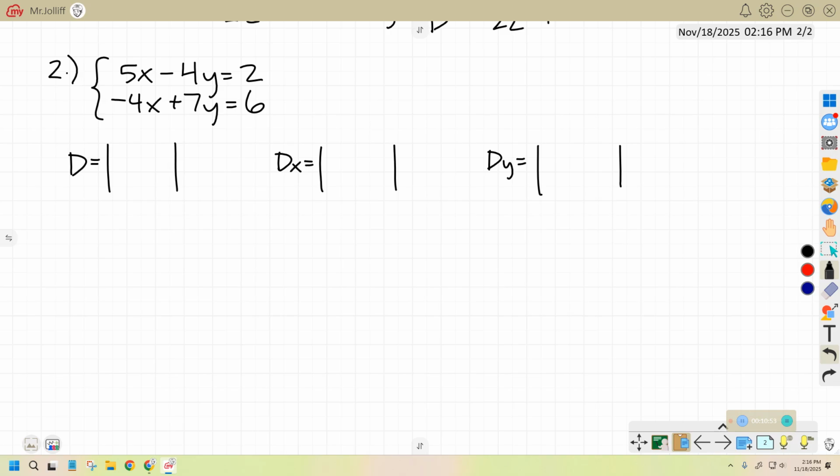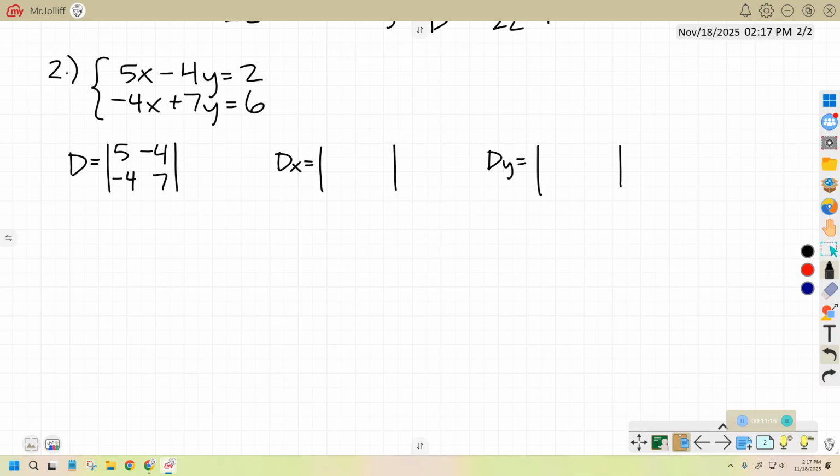Good. Dayanara, can you tell me what that first determinant will look like? Perfect. Coefficients on the x and y. Very good.